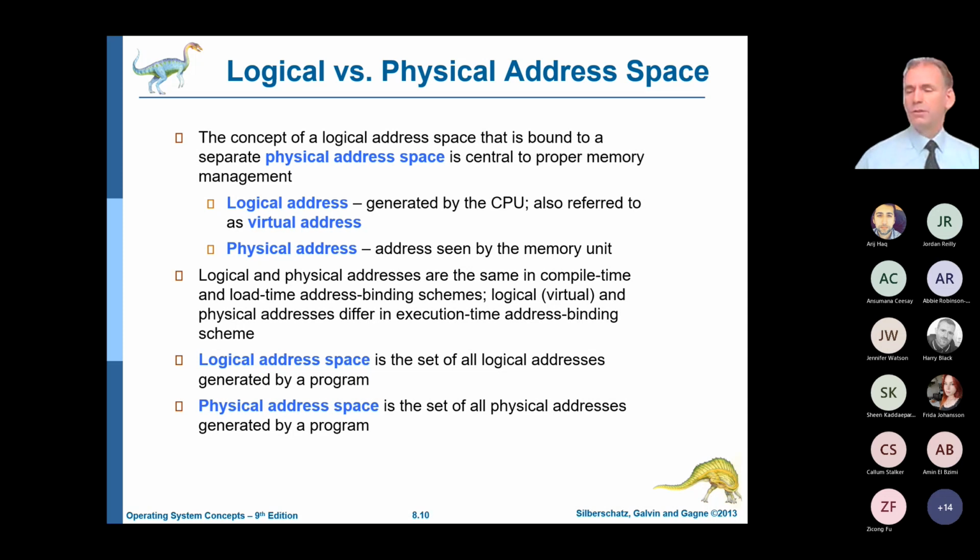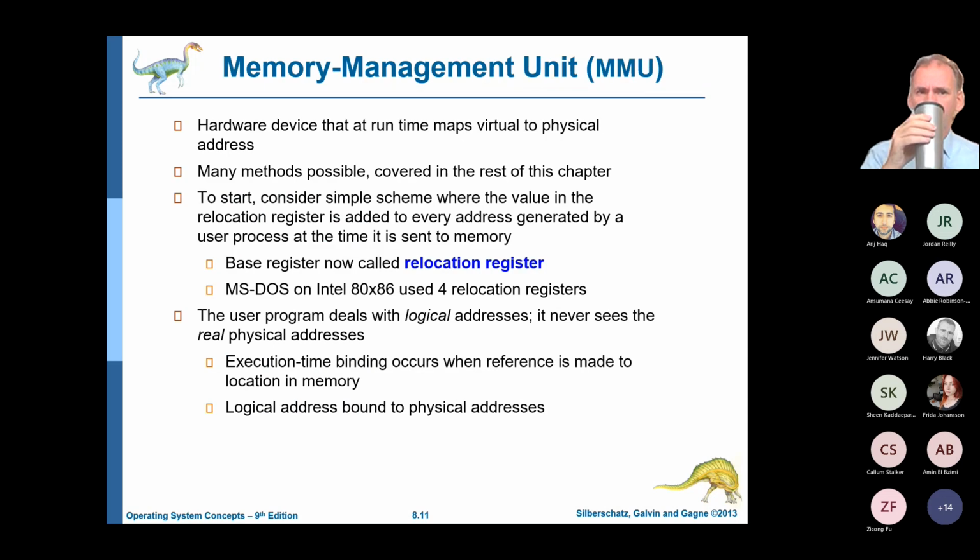I said earlier that when you're translating these things, it has to be fast. It has to happen really quickly because every instruction that you're processing requires one of these translations. So we have a hardware device called a memory management unit.